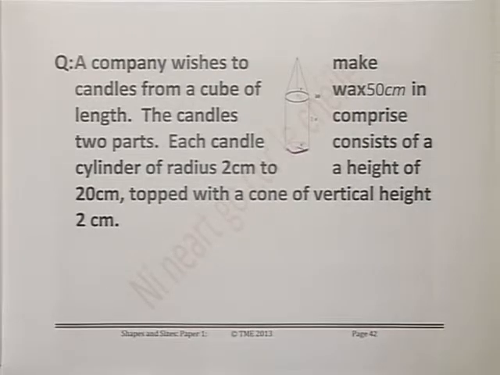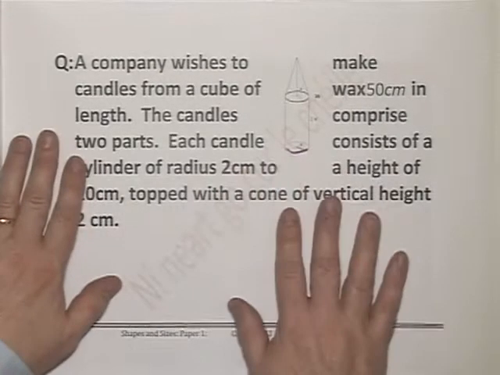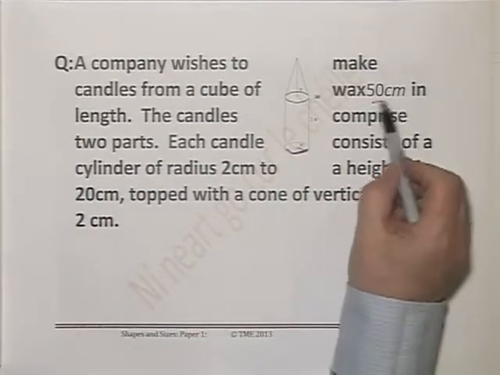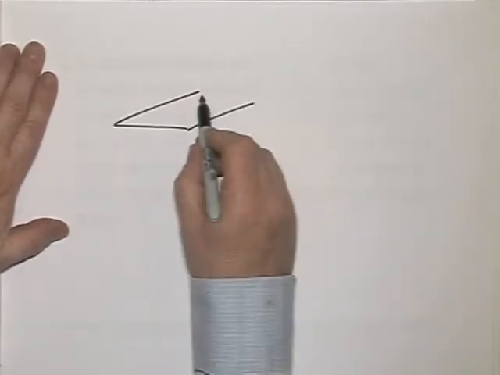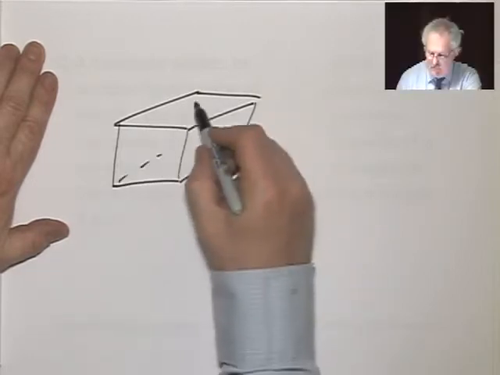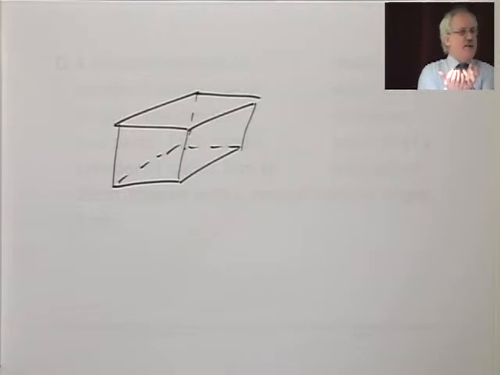Now what we're going to do with this is make these candles from a cube of wax. So what we have here is a cube of wax. So imagine here, I'll try to do a cube. Imagine you just got a big lump of wax.